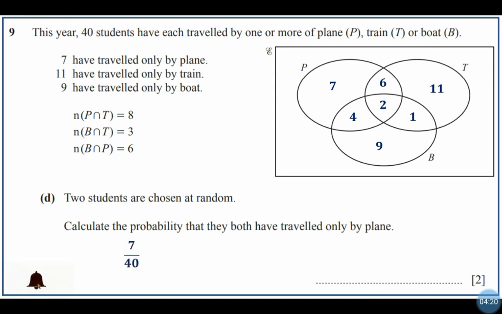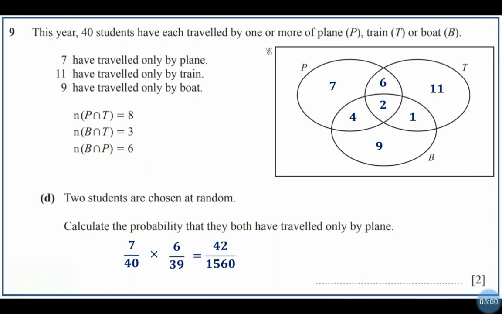So I am only going to consider that 7. So it will become 7 over 40. I've chosen 1. After choosing 1, I will remove 1 from those 7 students. So it will become 6. And then I will remove also 1 from the total number of students. So it will become 39. So it will just become 6 over 39. So you will just multiply 7 times 6 and then 40 times 39. 7 times 6 is 42. 40 times 39 is 1560.